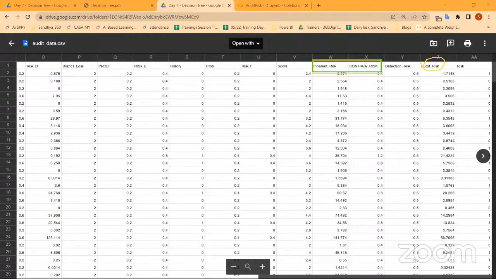Let's say an accounting company has a balance of $1 million, or 1 million rupees, whatever currency you consider; let's stick with dollars for now.